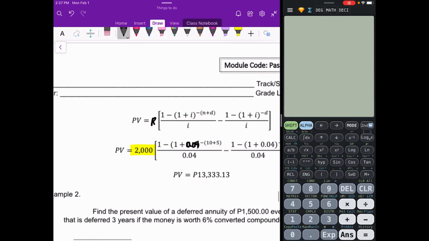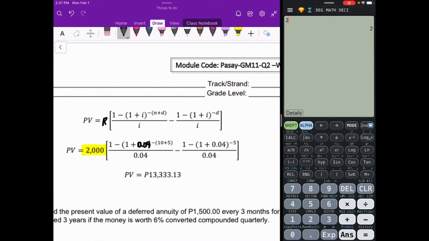So what we have now is 2,000 times the quantity of, we have a parenthesis, a fraction, 1 minus 1.04 raised to the negative quantity of 10 plus 5, then close parenthesis.